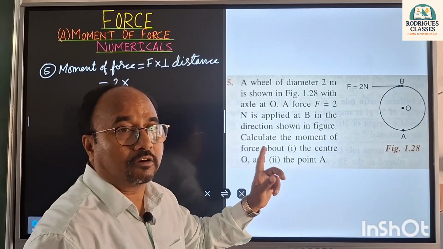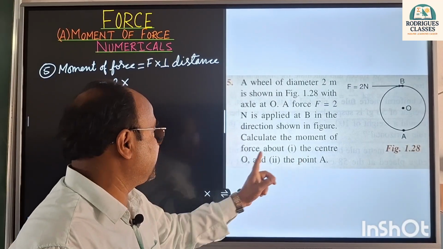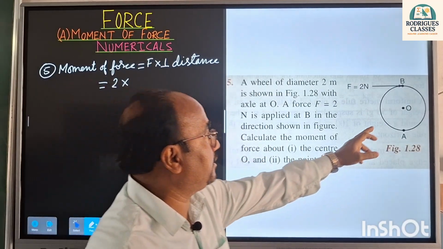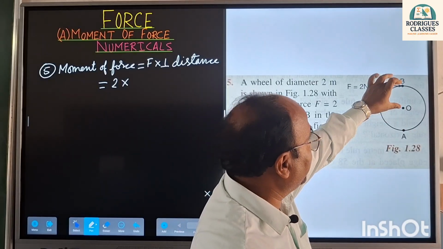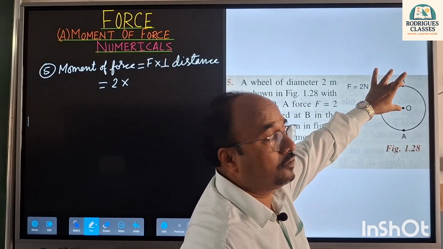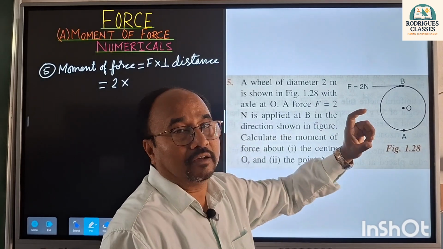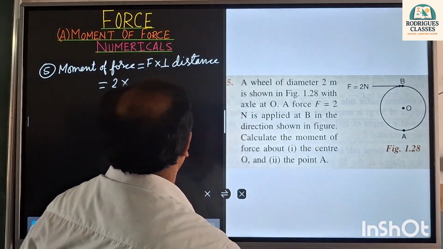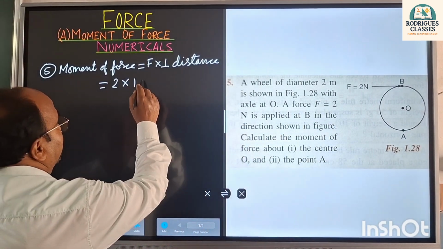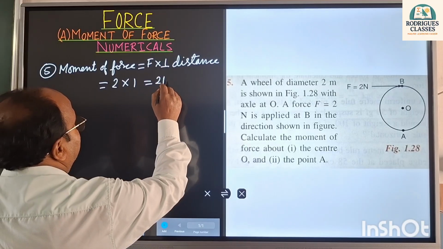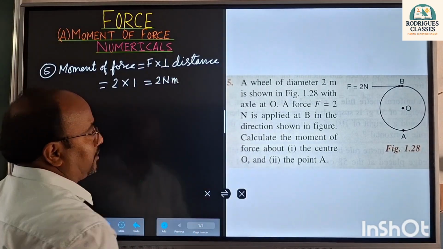Perpendicular distance. Now keep in mind what I am telling here. The pivot point is center O. So the perpendicular distance is this, which becomes the radius. So if the diameter is 2 meter, the radius, you know, will be 1 meter. So the perpendicular distance here is 1. So you get it as 2 Newton meter.